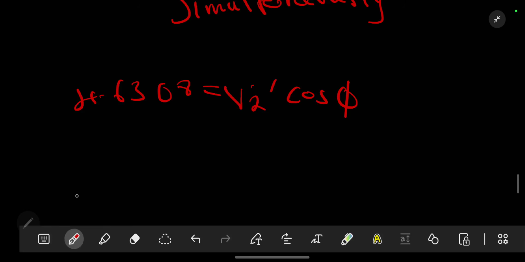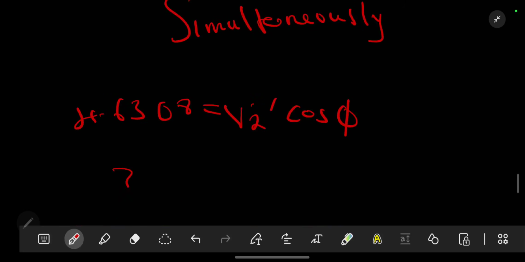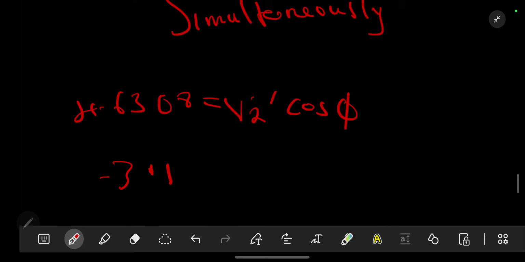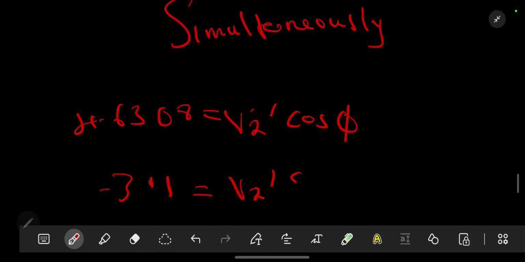We also have another one, negative 3.1, which should be equal to V2 cap sine of the angle theta.